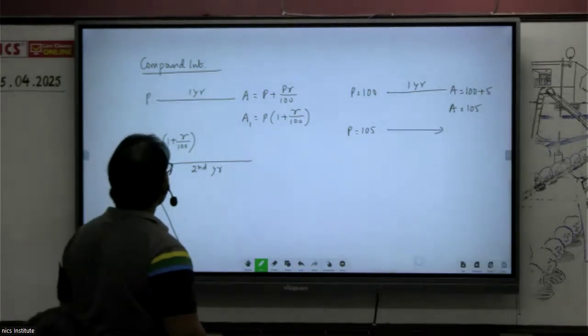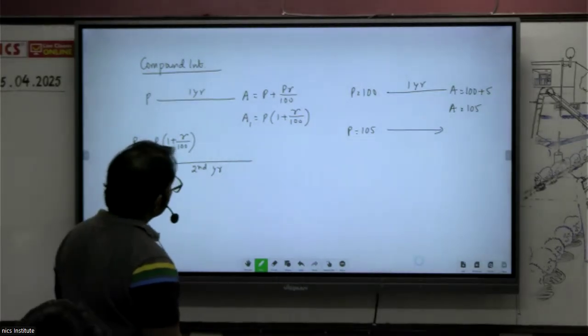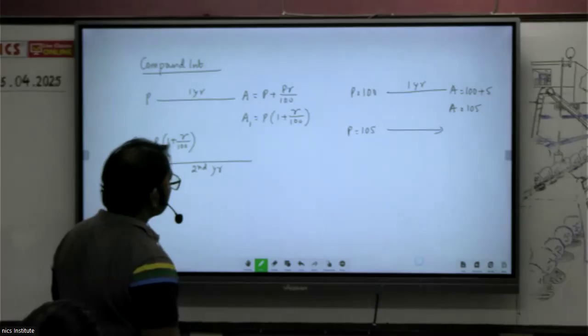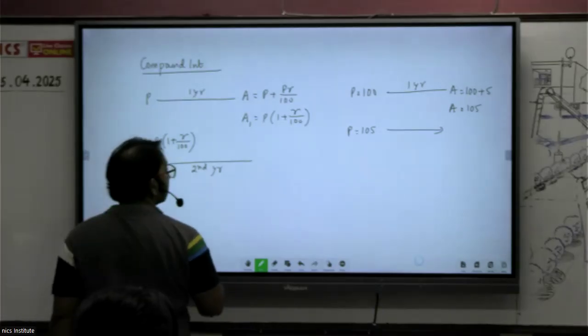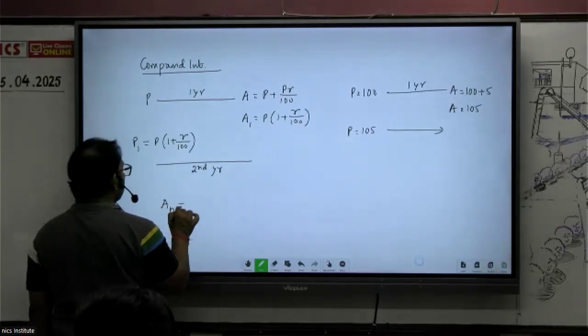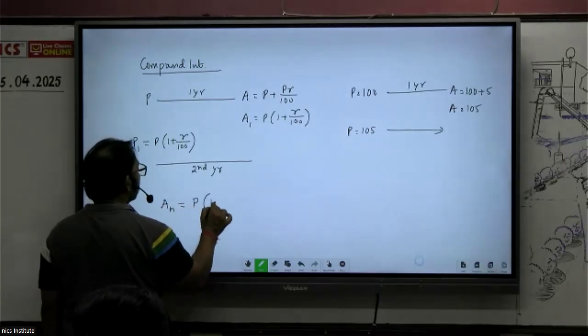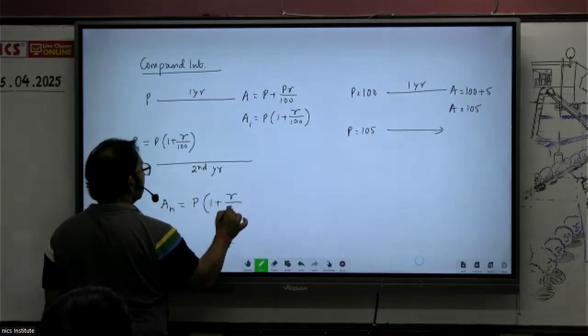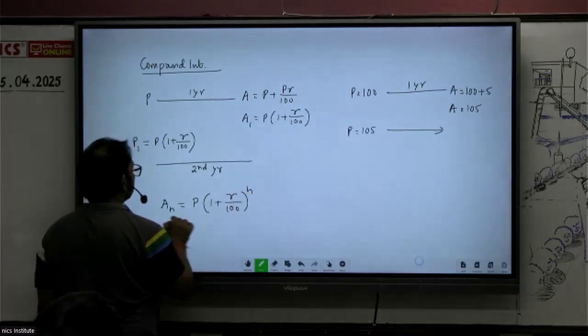So that is the difference between compound interest and simple interest. At the end of n years, amount due in compound interest would be P into 1 plus R by 100 to the power n.